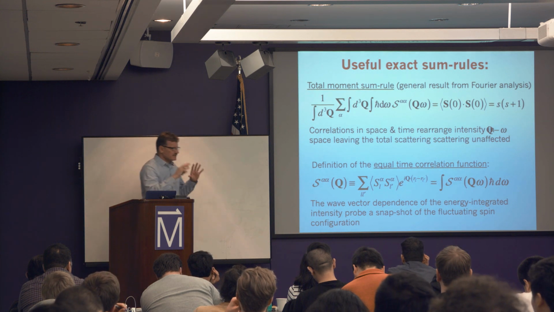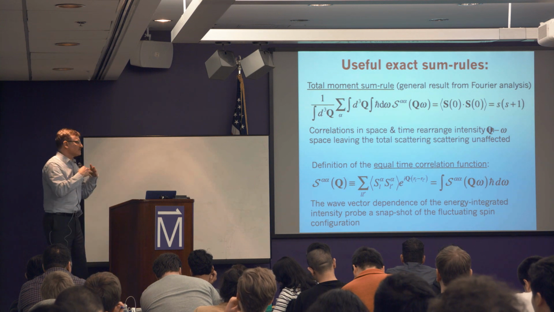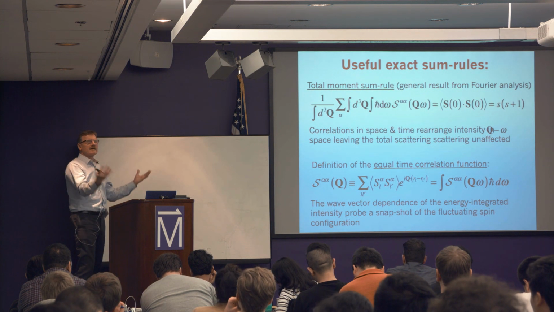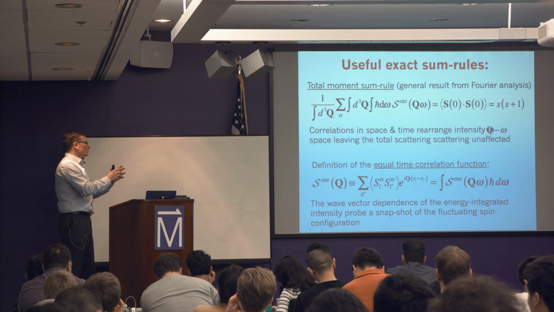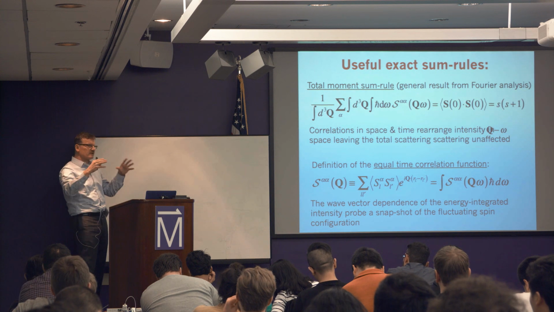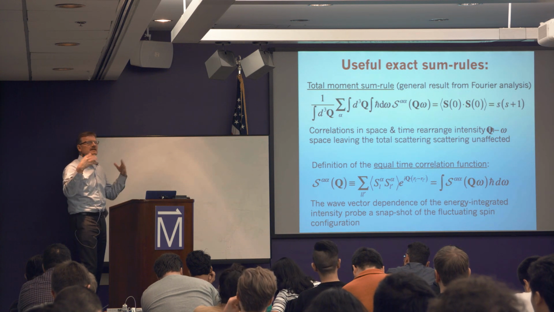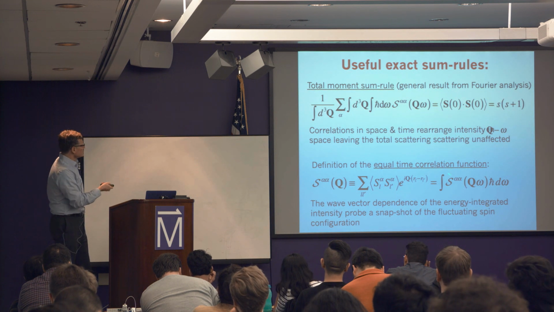So in some sense you can think of our work looking at magnetic scattering as if there's a certain total amount of scattering which is present, and as we change the temperature of the sample or change the thermodynamic conditions in other ways, this scattering is just going to move around in momentum energy space, but its overall intensity doesn't actually change. So it's quite useful to keep that in mind as you go through.